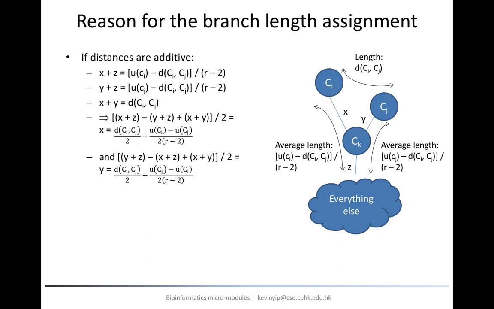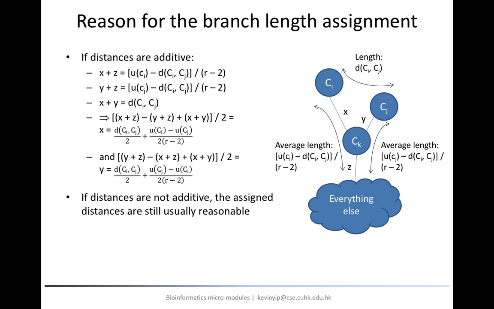Finally, x plus y should be the distance between x and y in the original distance matrix. Therefore, we have three equations and three variables. We can easily find out the formulas for x and y, which are the same as the ones we showed before. This scheme helps determine branch lengths in a reasonable way even if the tree is not additive.